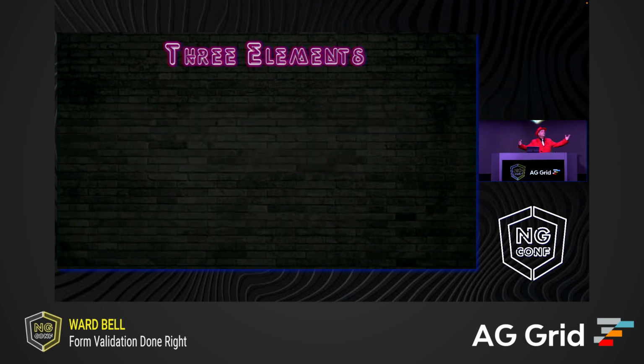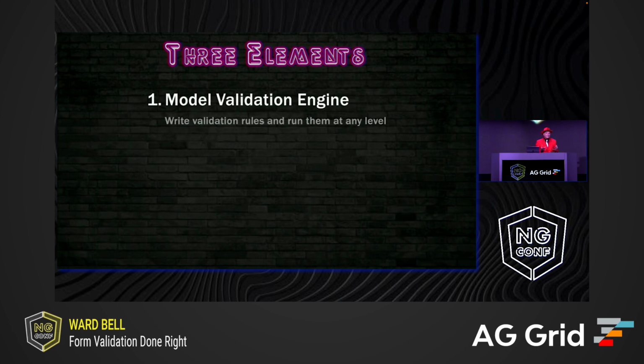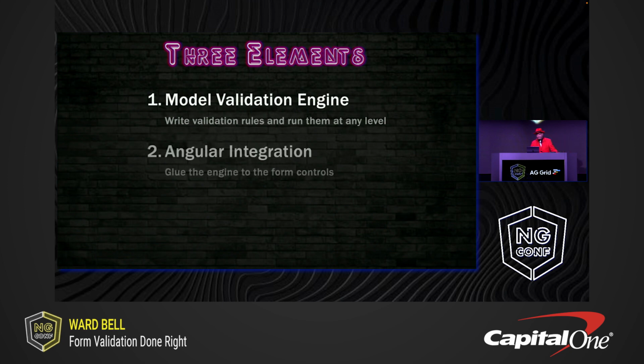All right, so there are 3 elements to this model validation solution. The first is we put the validators aside, we need some way of expressing validation rules that's really comfortable for us, and we need that something to be able to execute, deliver the judgment about whether something is valid or not.